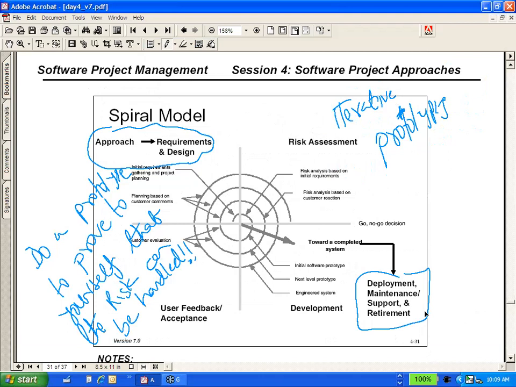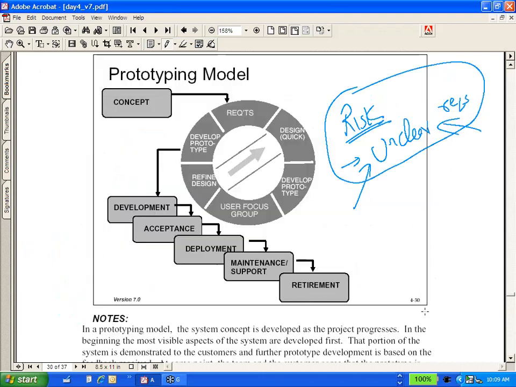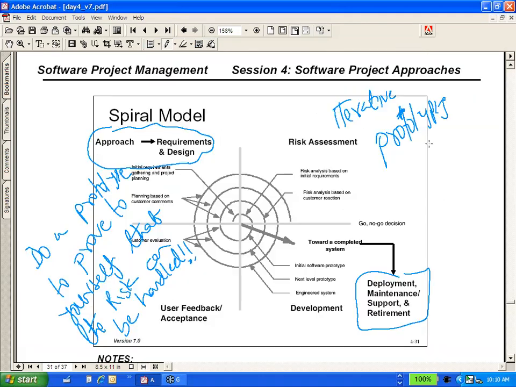Security, customer adoption and stuff like that. So prototyping to me would be more for unclear requirements, and spiral model is for other sort of risks if somebody forced me to make a stand.